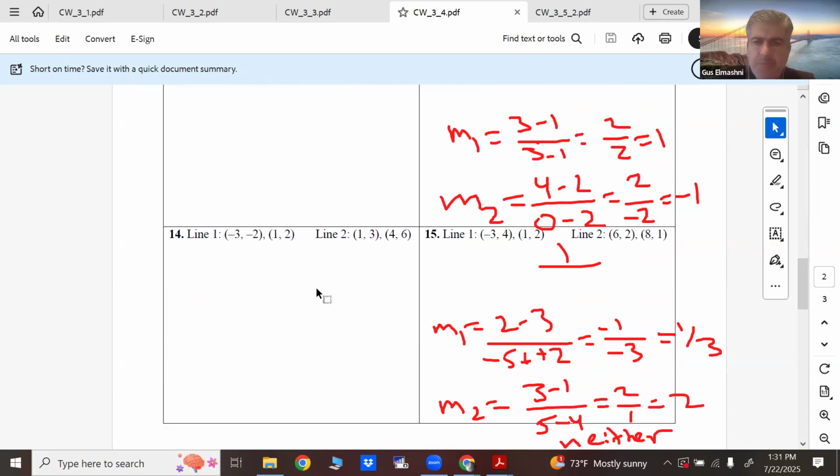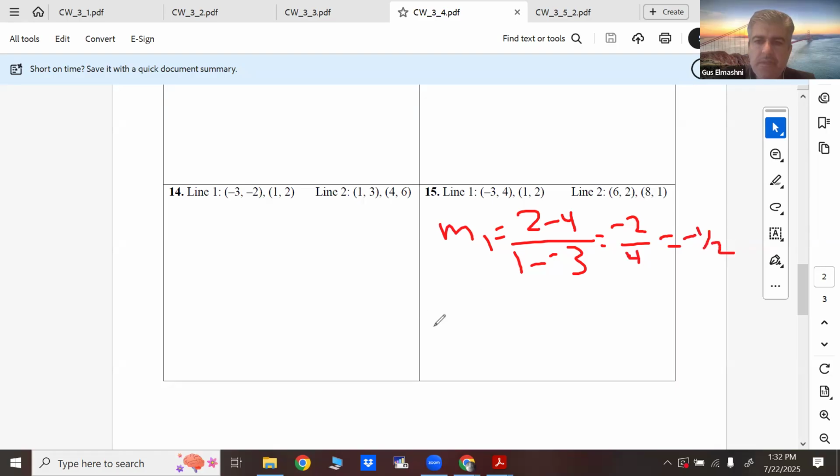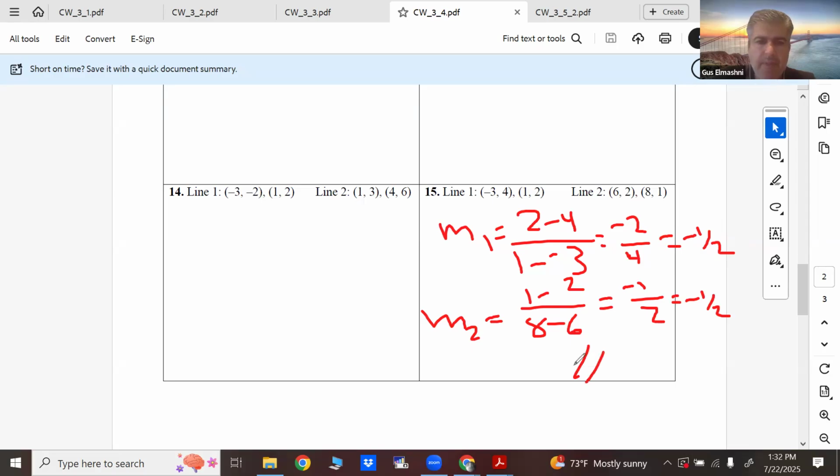Then the last one, over 15. Yeah, so I get parallel lines for that one.